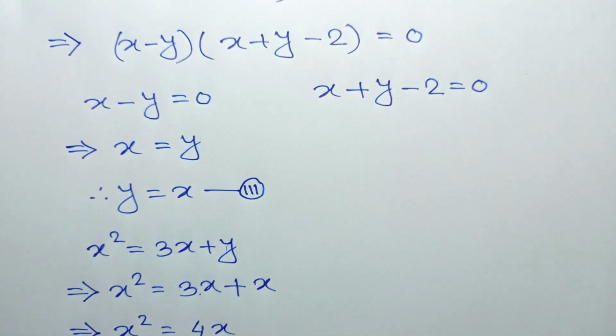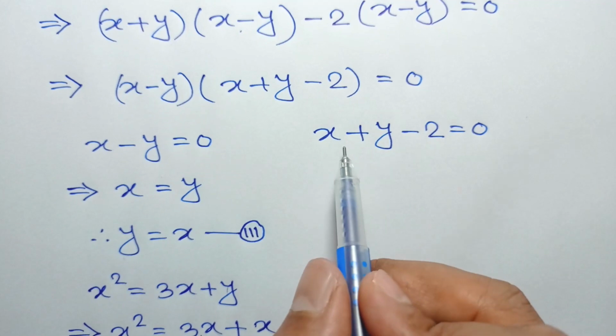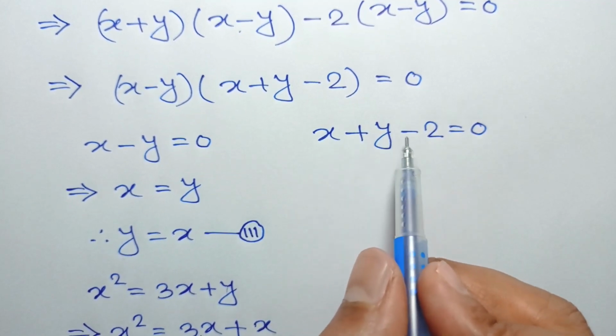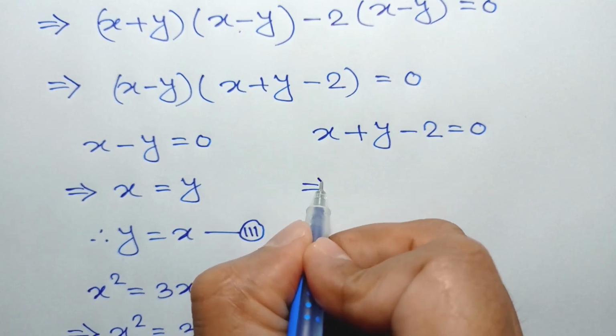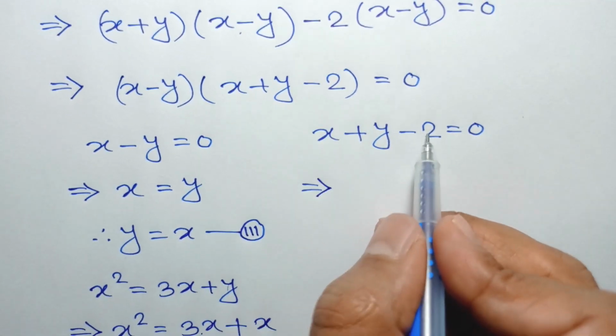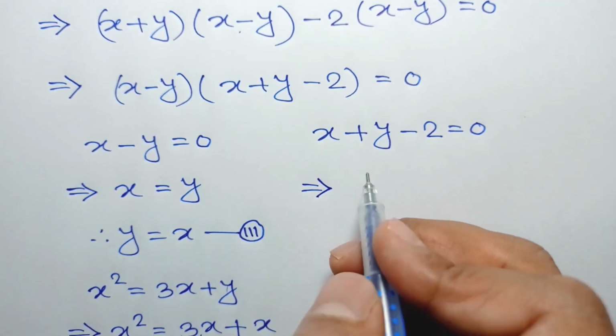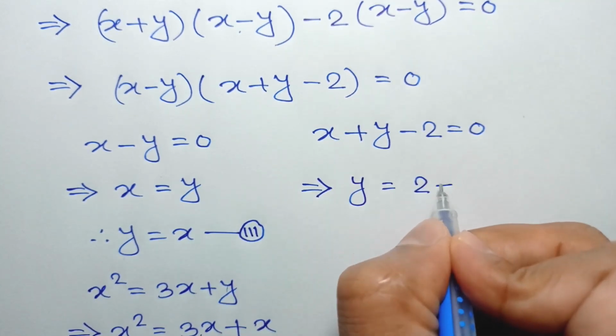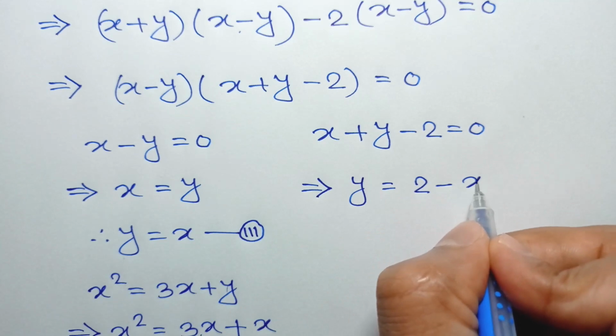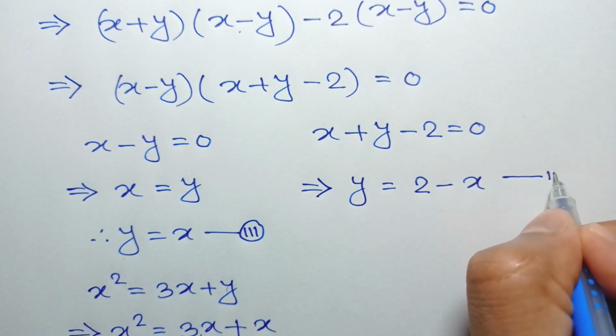And from the second case, x plus y minus 2 is equal to 0, taking x and negative 2 to the right side, we will get y is equal to 2 minus x. Call it equation number 4.